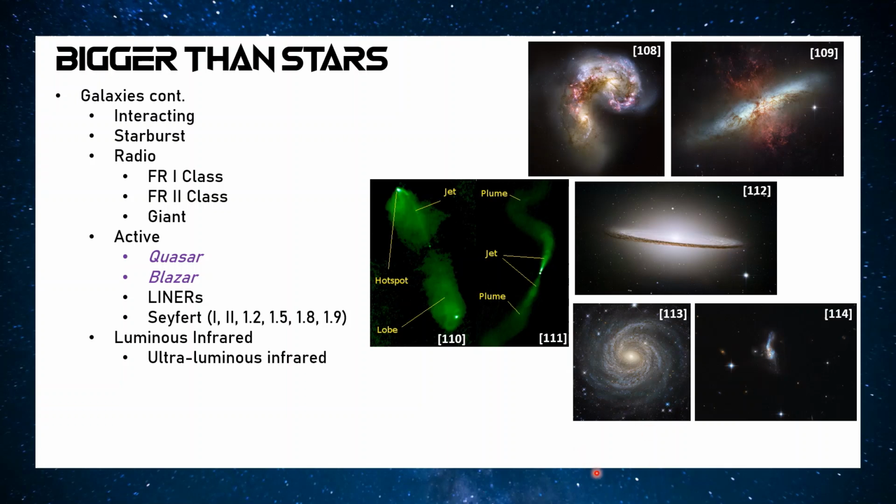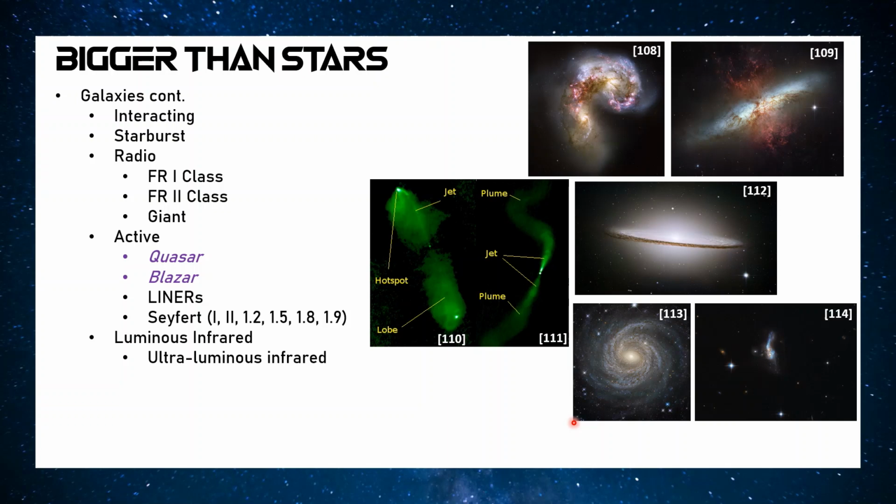The example here is NGC 6814. This is a Seyfert galaxy, and there are different types. Type 1 is very bright, a source of UV and X-rays. Type 2 has a bright core, especially in the infrared. And there are other types based on spectrum emission.